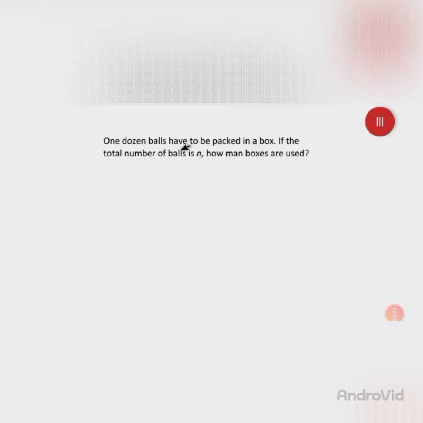1 dozen of balls have to be packed in a box. If the total number of balls is n, how many boxes are used? So we all know that 1 dozen balls means 12 balls.